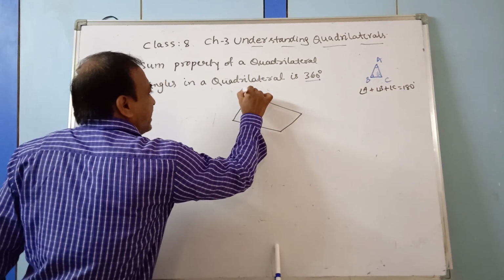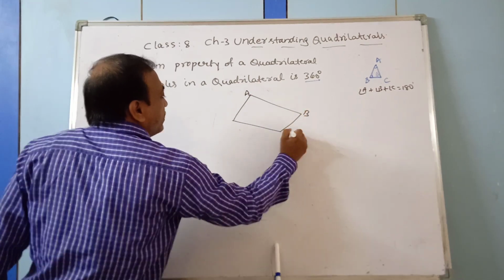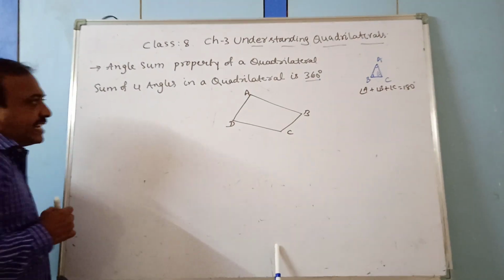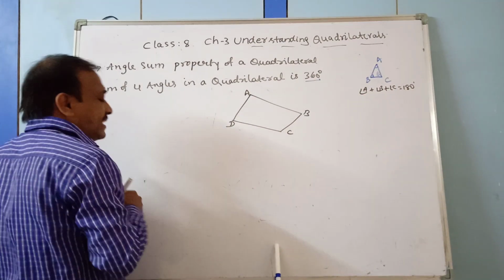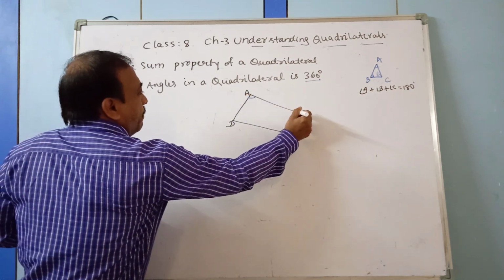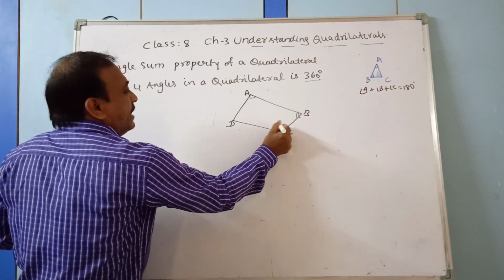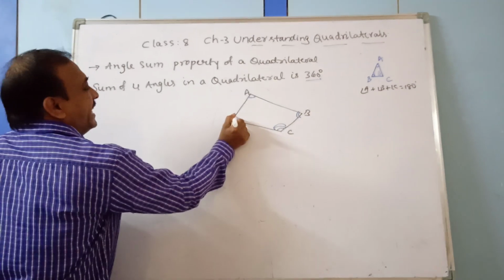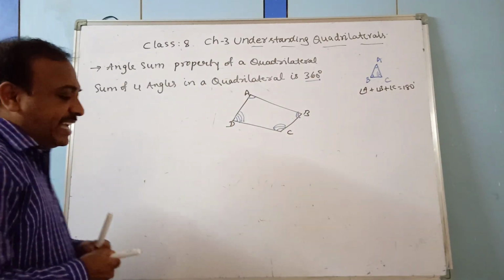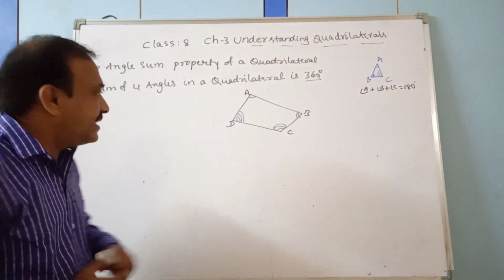Observe it. This is A, B, C, D. ABCD is a quadrilateral. In this, angle A plus angle B plus angle C plus angle D, all these four angles together will be 360 degrees.